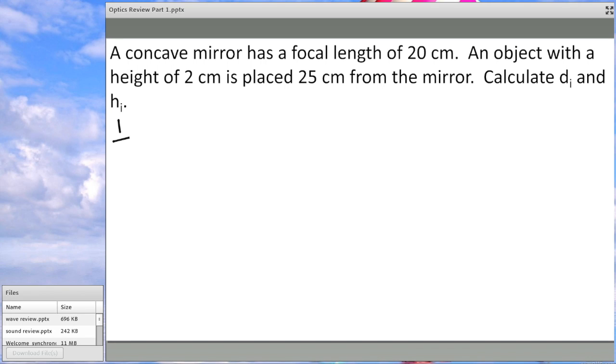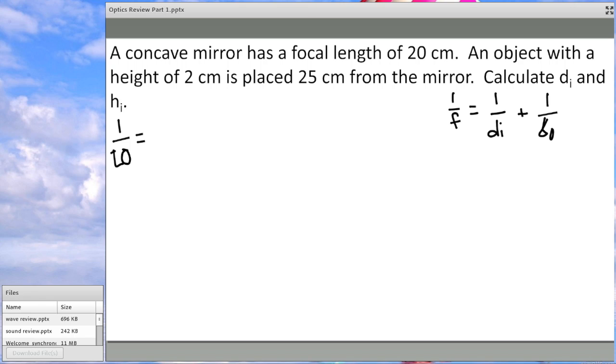So I'm going to do 1 over 20. If you remember our formula from earlier, it was 1 over F equals 1 over DI plus 1 over DO.